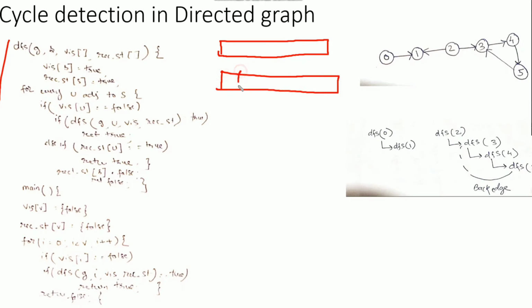The recursion stack array keeps the information of vertices during the recursive tree traversal, but the visited array keeps the information of vertices during the whole graph traversal. The indices represent vertices 0, 1, 2, 3, 4 and 5.